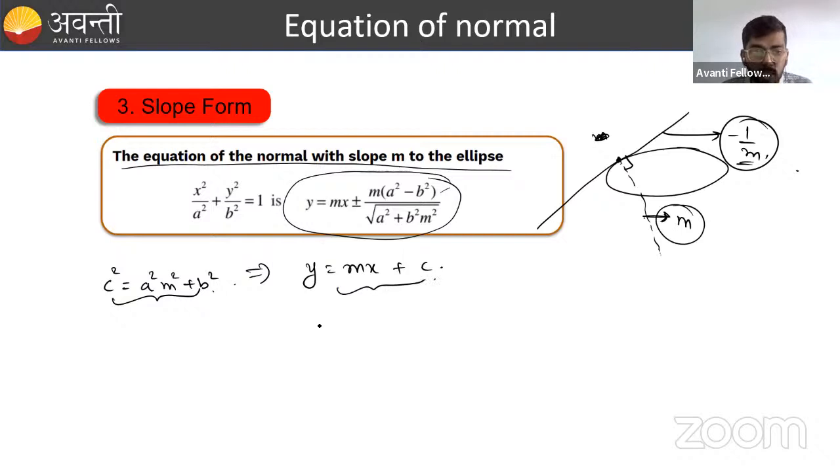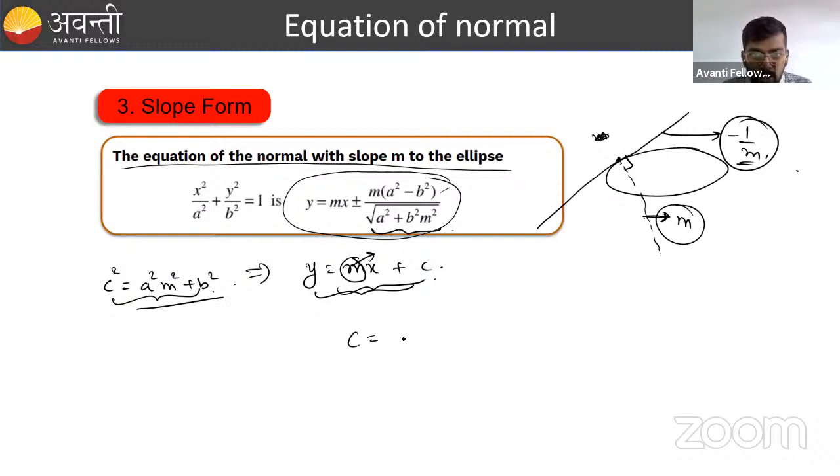Now the equation of the tangent will become what? See, this is slope m for the tangent in the previous case. So you guys should remember that now that condition has changed to something like this.